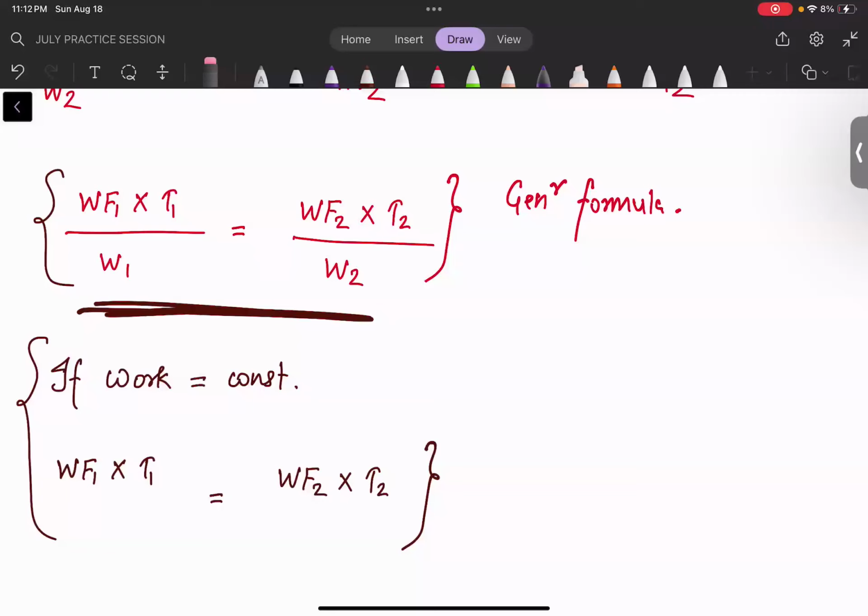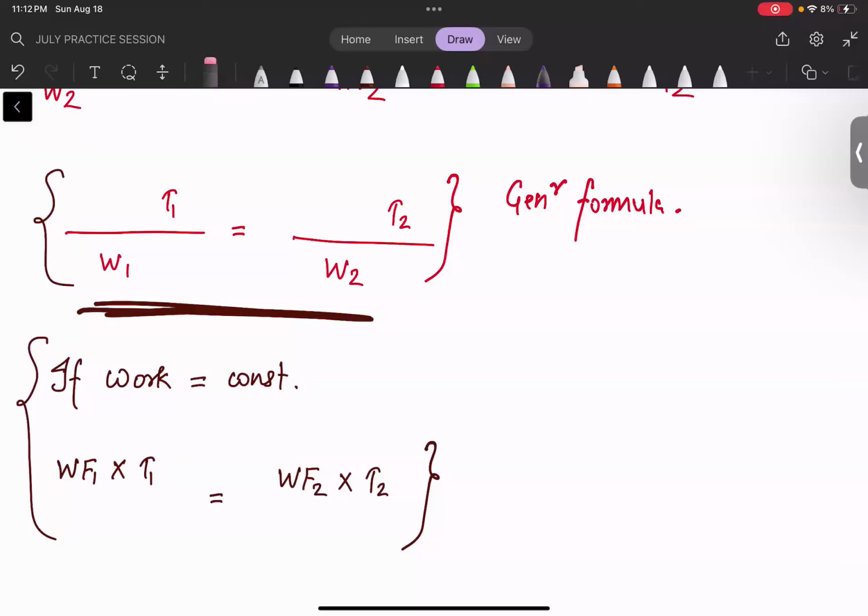If work is constant, don't write W1, W2 because they are the same. If T1, T2 are the same, don't write T1, T2. If workforce is the same, don't write WF1, WF2, because it is the same, so why write it?